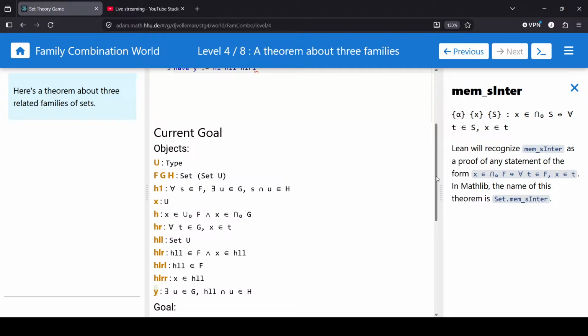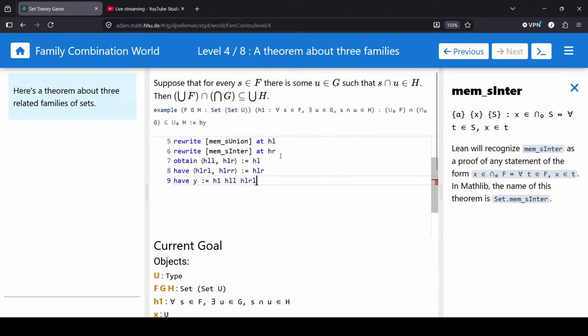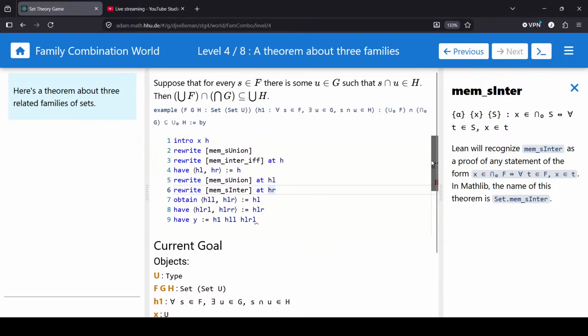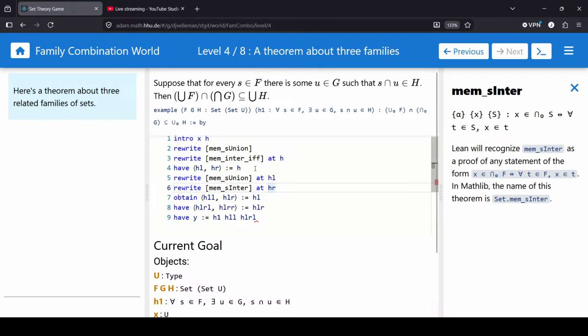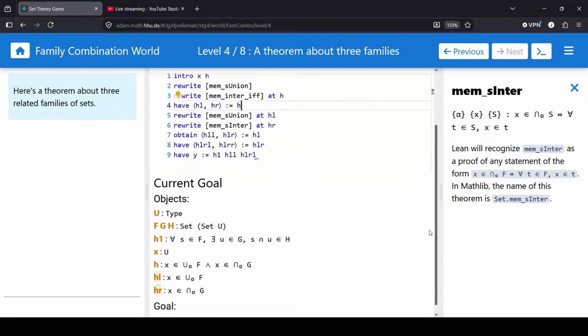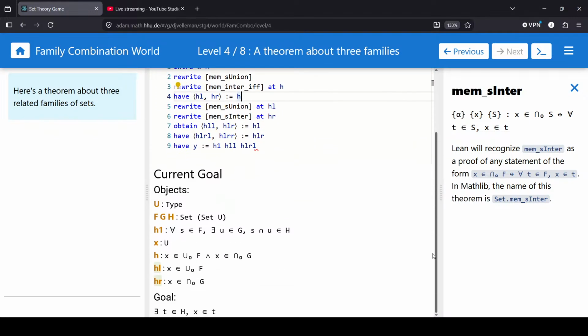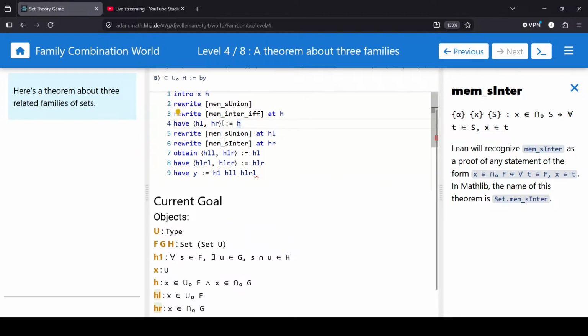Usually when I do obtain on an exists, I call the variable something, then I call the related statement something else. Oh, you're right. I should have done that. I forgot where the exist was though. Yeah, that's better. I just started looking at everything as if they were just pairs because they kind of are. But you're right. That is a better naming convention. Didn't they use like S and HS?